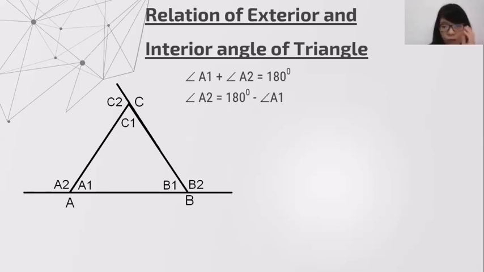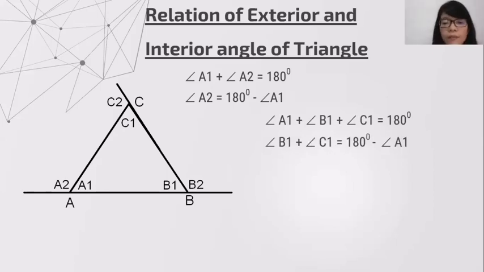Okay, we keep it for ourselves, and then we will move to the total sum of the angles of a triangle. As we know, A1 plus B1 plus C1 equals 180 degrees. And then we will replace some angle. First, we need to move it, so B1 plus C1 equals 180 degrees minus A1.